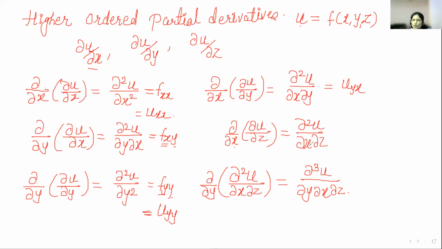So it is ∂²u/∂x∂z. Again I am taking the derivative of this function with respect to y. So here it will be ∂³u/∂y∂x∂z. Everyone understood this? Yes, ma'am. Okay.